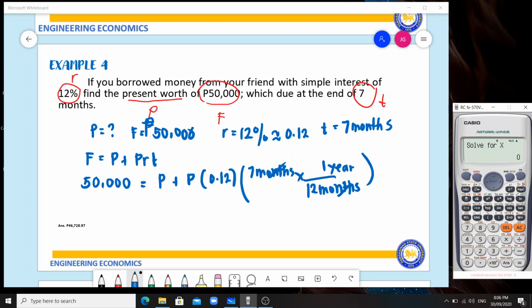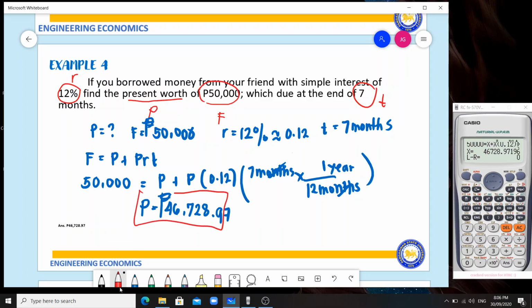Shift solve. Ang favorite ng lahat. So, ang principal worth pala nito ay 46,728.97 pesos. Okay? So, that is the final answer.